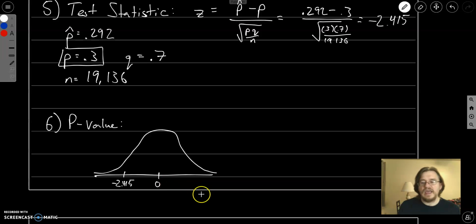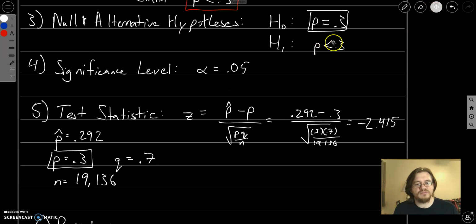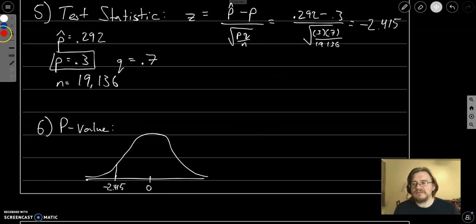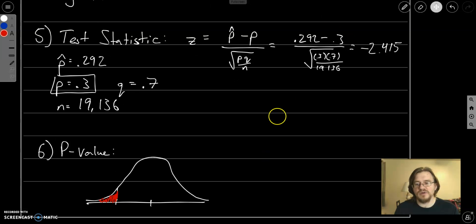And to see how unusual something is, because we are wondering about whether or not the parameter is less than 0.3, this is going to be a left-tailed test, meaning we just need to find the area under this curve right here. And it's going to be to the left because we are worried about proportions that are smaller than 0.3.